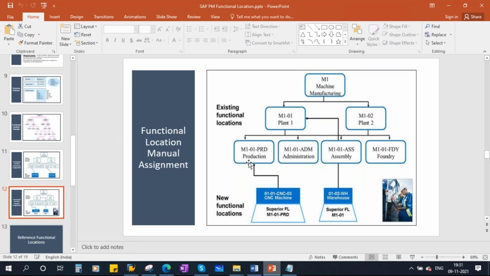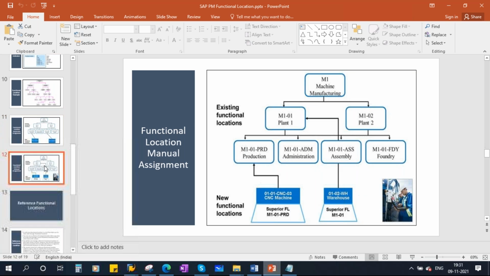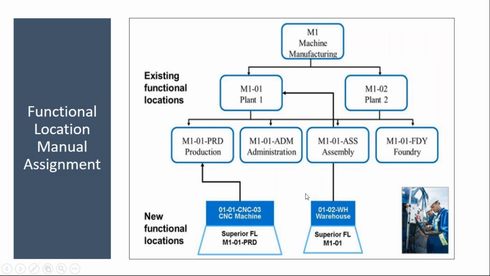Now another one: when you are creating the next level function locations, the automatic assignment happens. This we just discussed. And you can have the manual assignment also. The system normally proposes the superior function location according to the hierarchy, but sometimes you can assign a functional location manually.